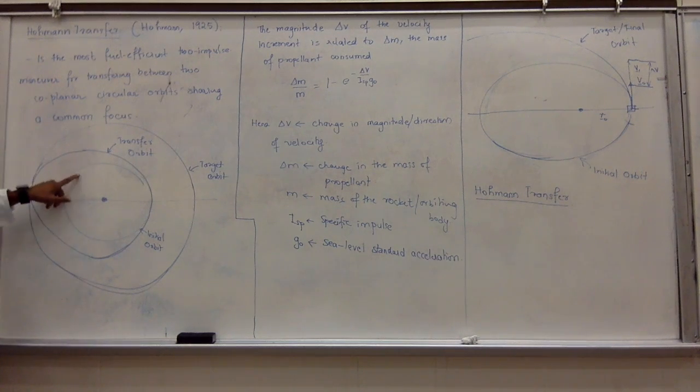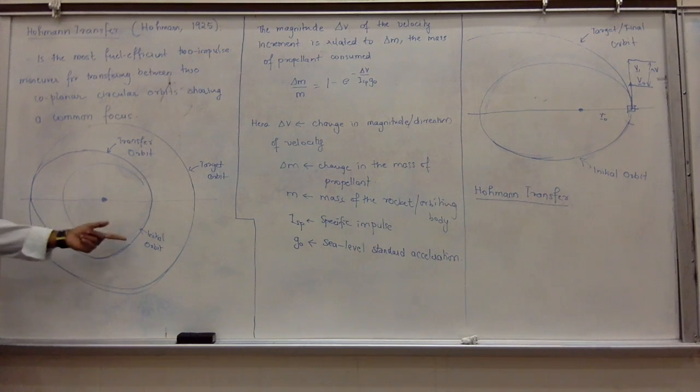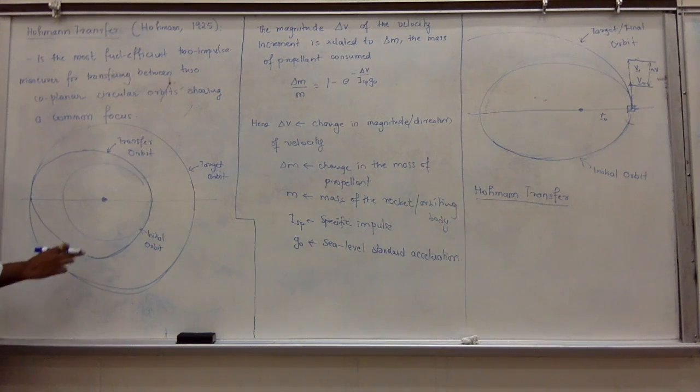Can you go from this orbit, the initial orbit, to the target orbit directly?